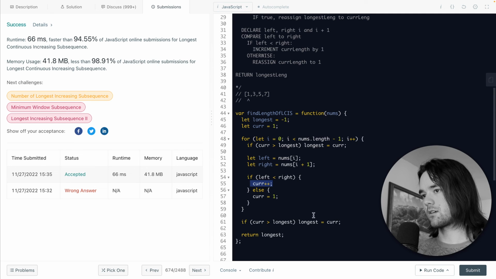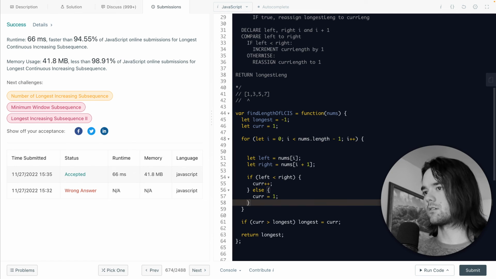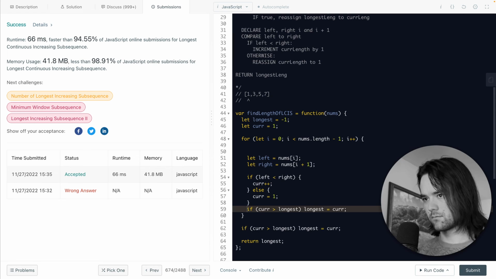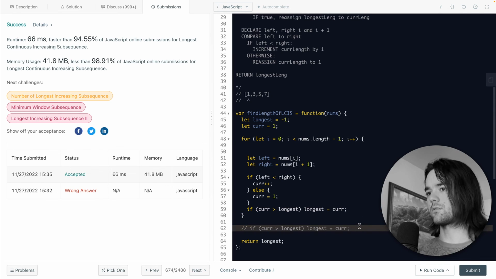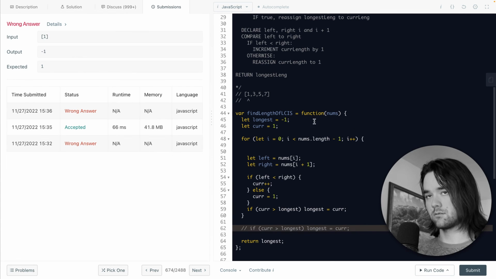I'm wondering if I move this line down here, and then I can just comment this out. Does that also pass the test case? It's not. Okay, so I'm just going to leave it how it was, since that was passing.